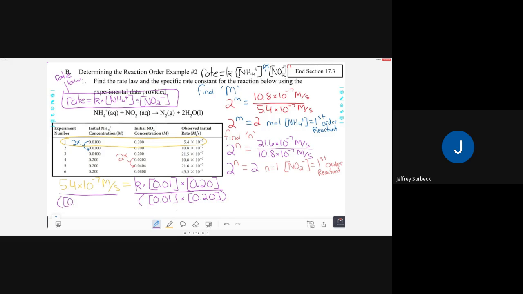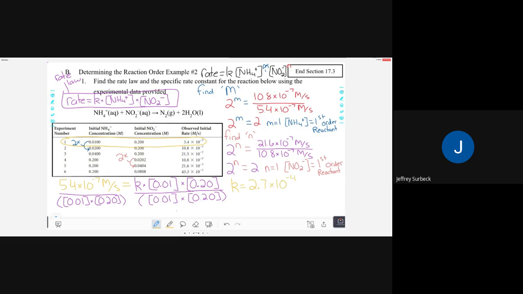If we take 5.4 times 10 to the negative 7th divided by 0.01 times 0.2, what do we get? Yeah, can you put that in scientific notation? One more time, 2.7 times 10 to the negative 4th.